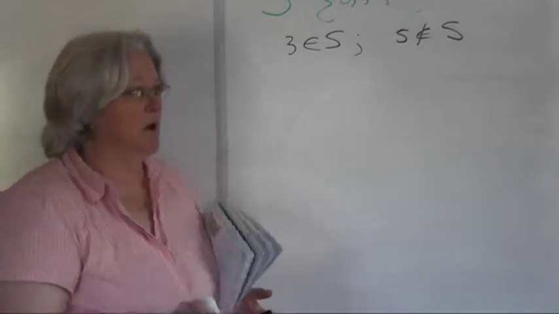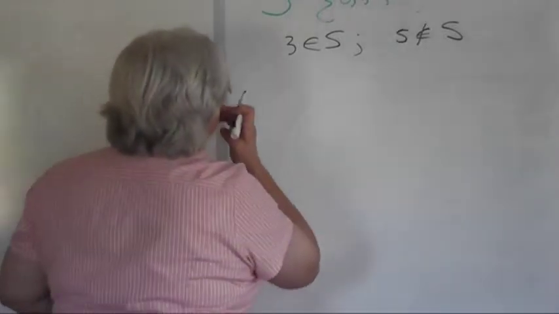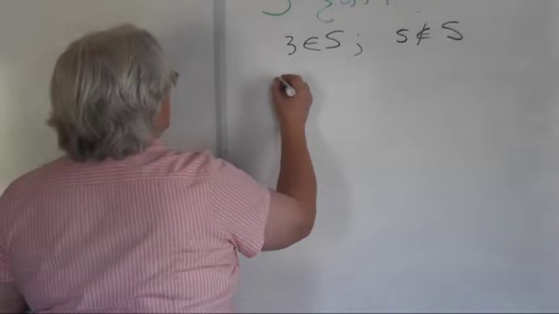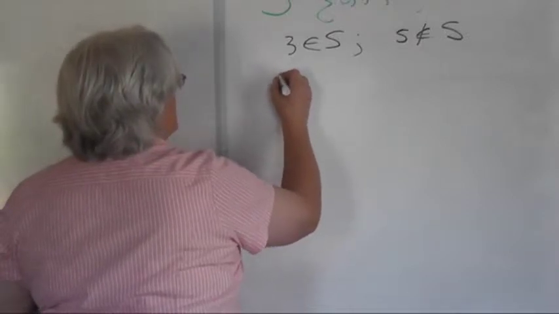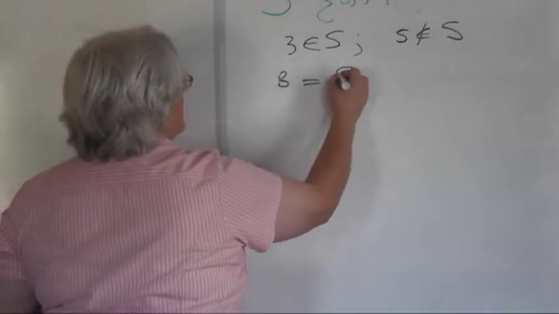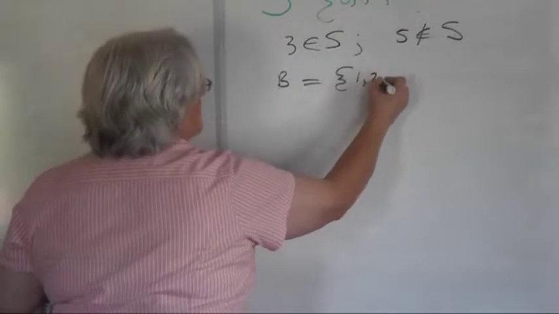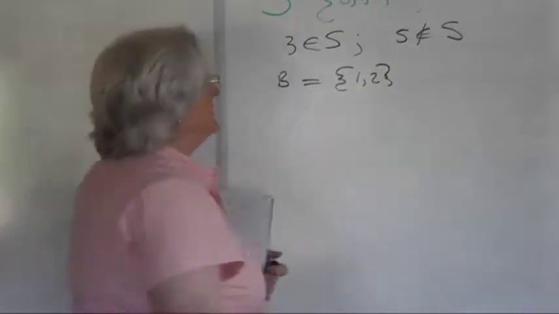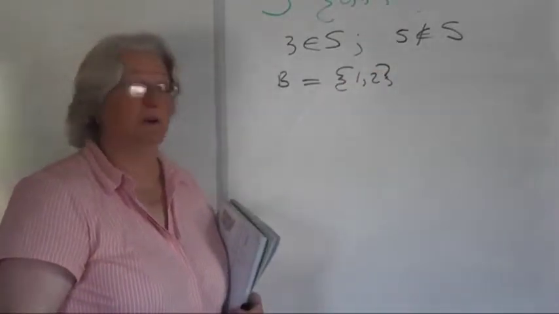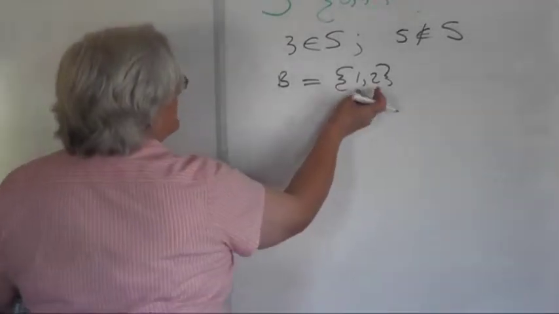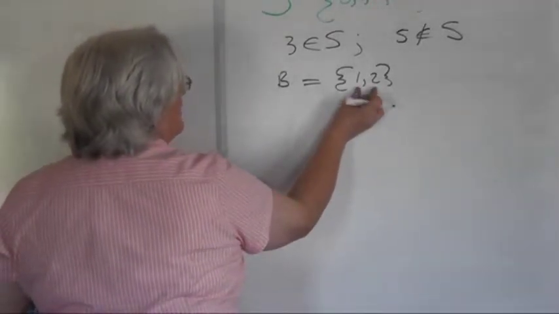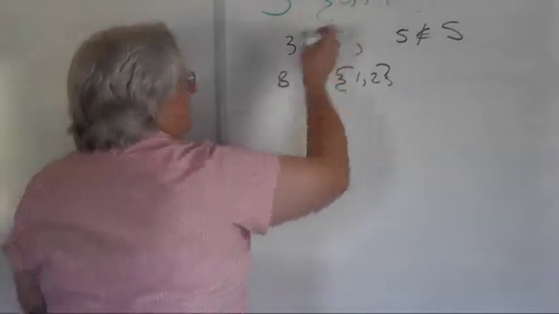But let's say we have another set here. We have set B, and we say that set B is the set that contains the elements 1 and 2. Look right here, elements 1 and 2.